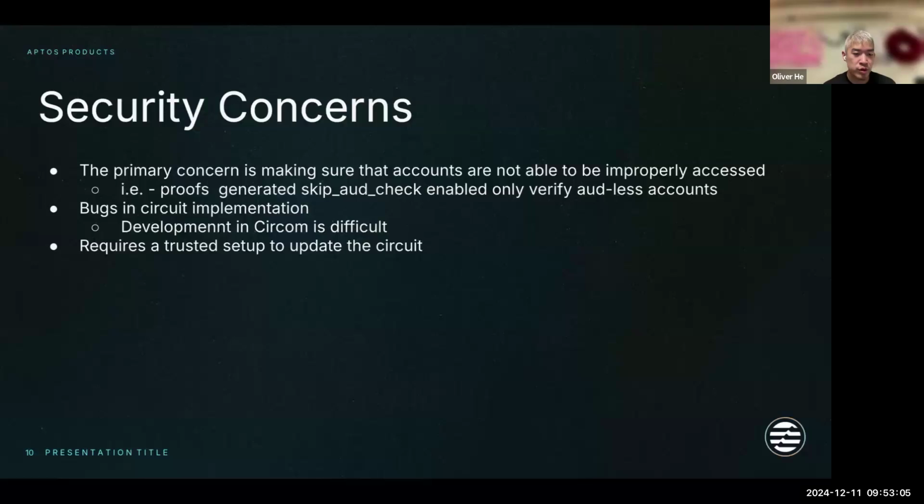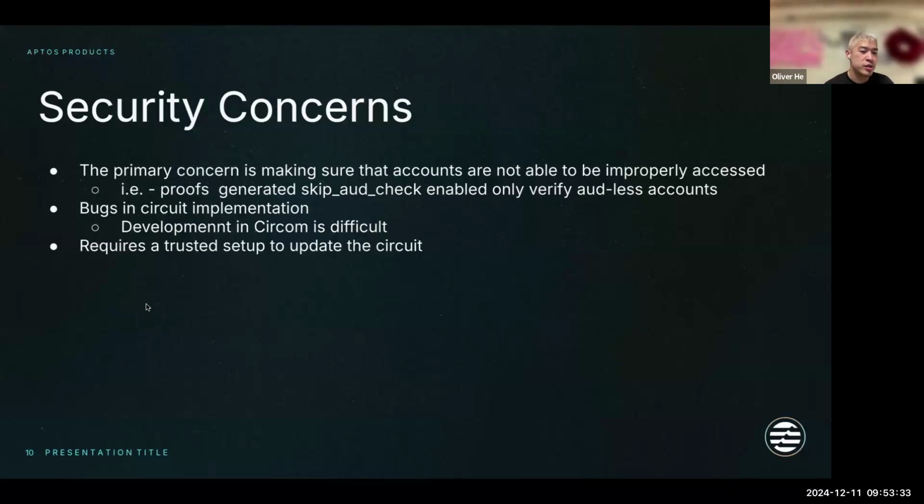Another concern is any kind of bugs that can arise in circuit implementation, which can also have the impact of potential unauthorized account access. Circuit development is done in a language called Circom, which is notoriously difficult and tricky to review and to write sane code in.